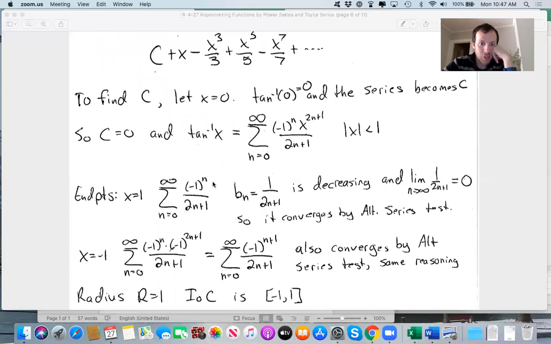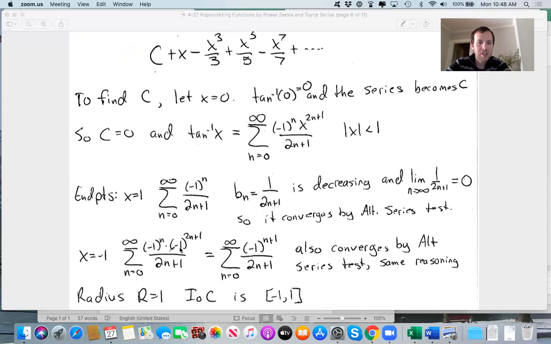And if we do that, if we put in 1, 1 raised to anything is 1, so we just get the alternating series. This thing converges by the alternating series test. 1 over 2n plus 1 is decreasing, its limit is 0, so it converges. If we put in minus 1, this is what we get putting minus 1 in here.